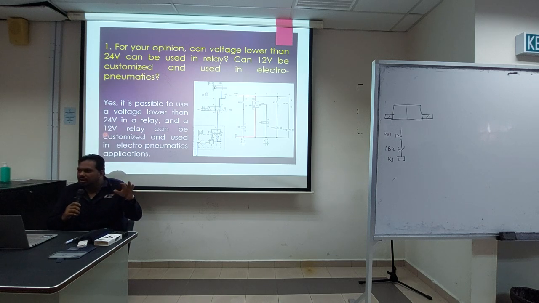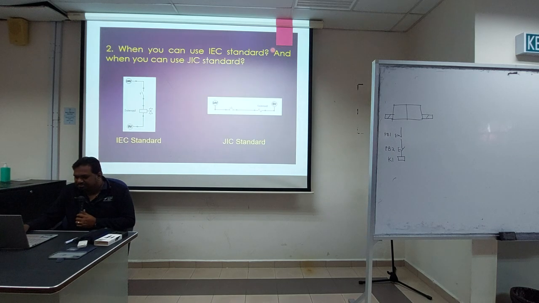So you need to do a bit of modification lah. Okay, then can be used. So no problem. Tapi jangan gunakan less than 12. So 5 volt, 6 volt, 9 volt semua jangan guna. So that is for the electronic side. The electrical side is not so okay lah.